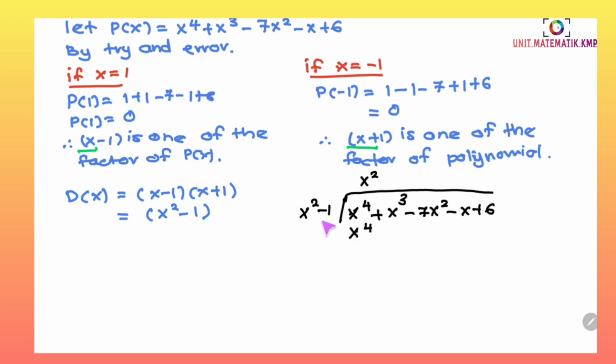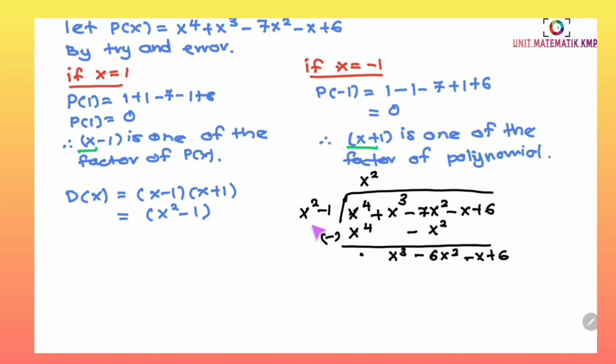So x squared times x squared here is x power 4, right? So x squared times negative 1 is negative x squared. Subtract, we have here 0. x power 3 minus 0, x power 3 is x power 3. Here we have negative 7 minus 1 is negative 6x squared. Bring down negative x plus 6.